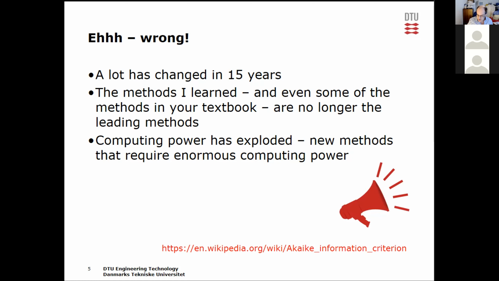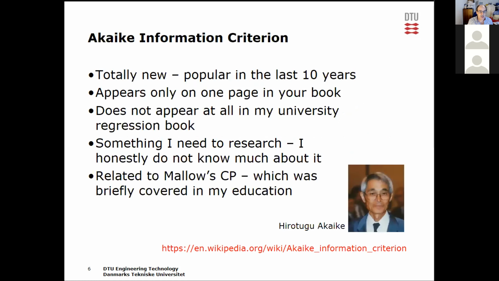So here's what we're talking about. This thing called the AIC, the Akaike information criterion, is brand new to me. I had never heard of this, never. And yet it is the central, most popular, most important criterion in all of the software I looked at for doing regression.